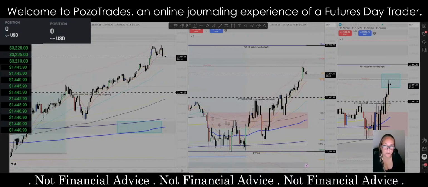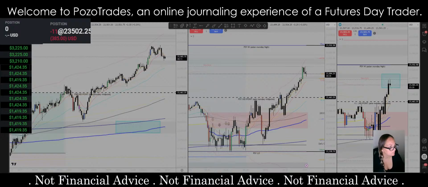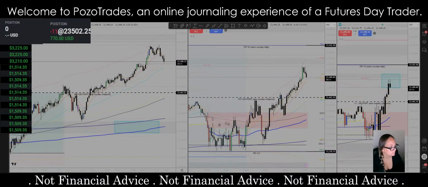Still kind of liking the shorts here. Very extended. We'll see if I get stopped out on these.